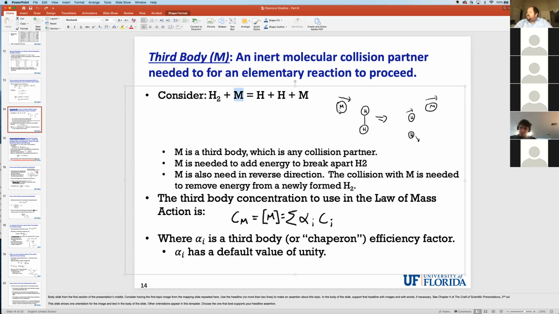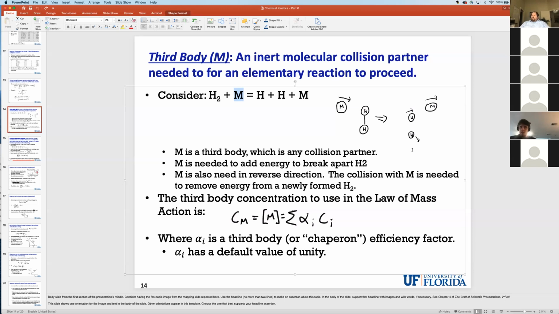One way to do that is to have any molecule crash into this H2 molecule, and if the collision energy is sufficiently high, there will be enough energy to break this bond. And if M and H do not react, that is, a bond does not form between M and H, then you wind up with three fragments. You wind up with M, which you could think of as an impactor, and the H2 broken apart into two independent H atoms. Okay, and so this happens all the time.